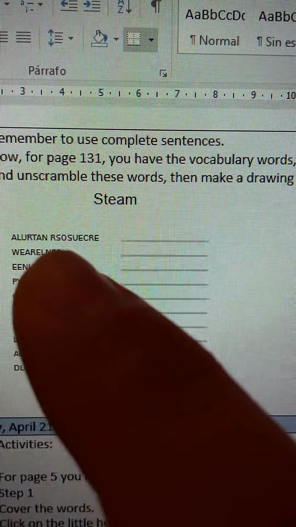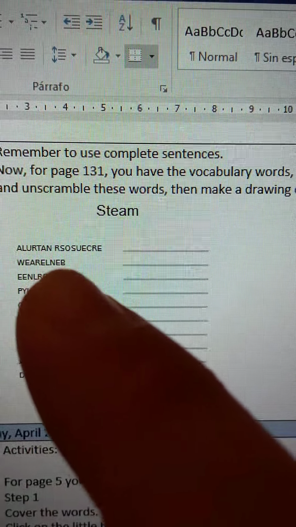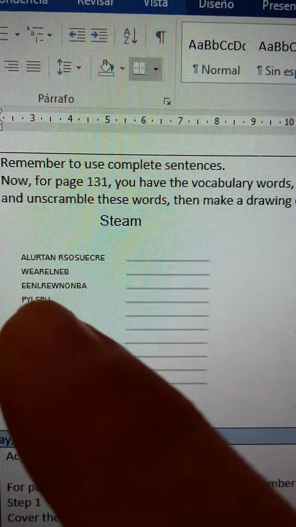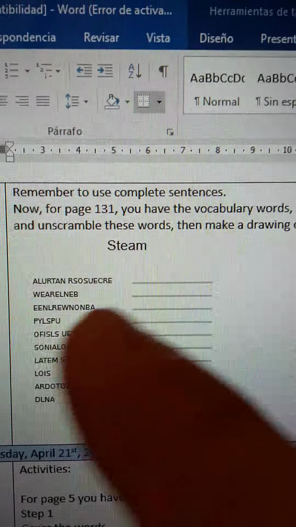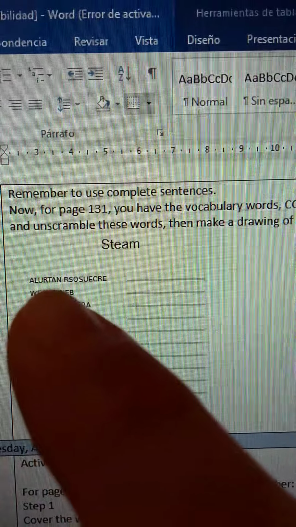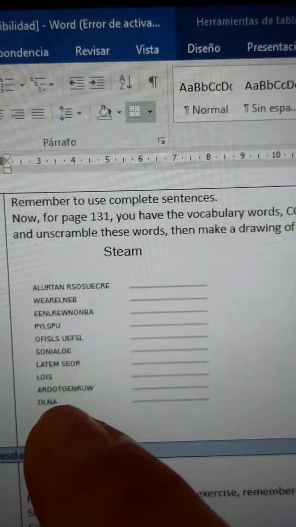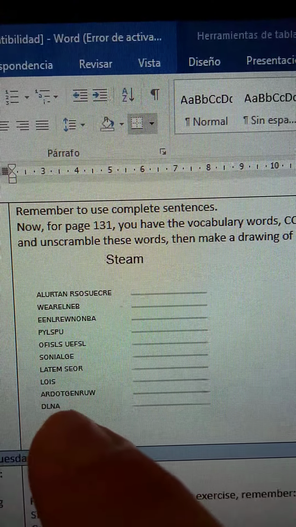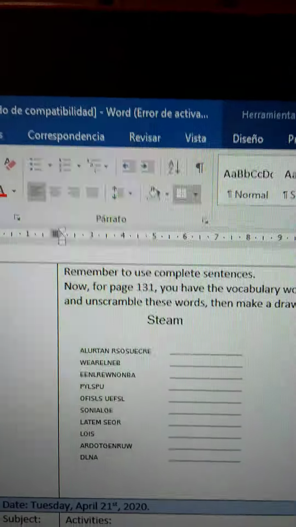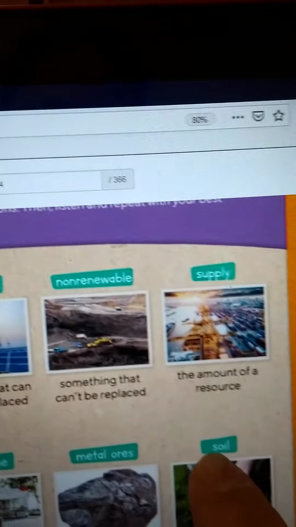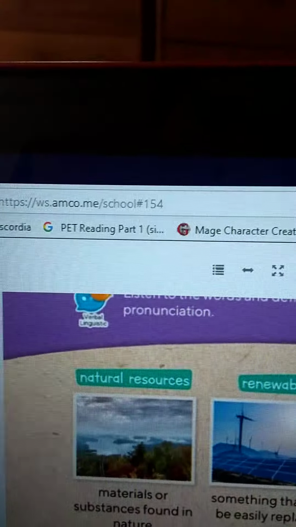Alurtan Rososusrekre. Okay? Weranege. What do you have to do? In your pages or your notebook, copy. It's very important for you to copy. Okay? You have to copy this. And then here you are going to unscramble the word. Which of these words are they? Okay? You have to check.